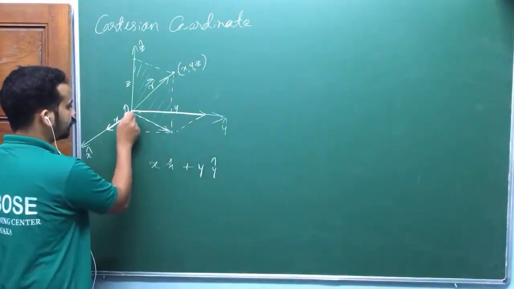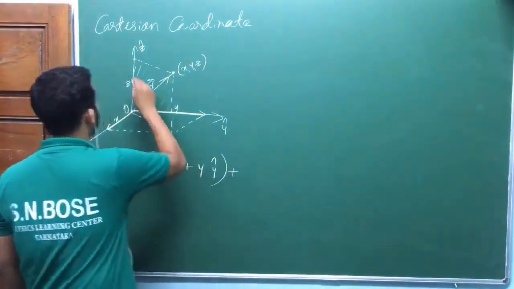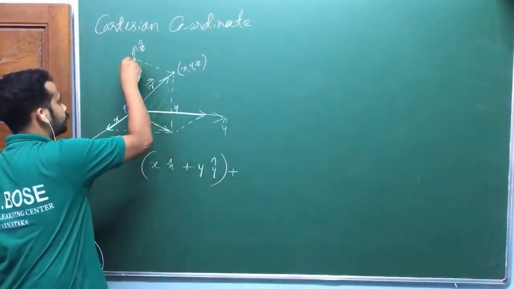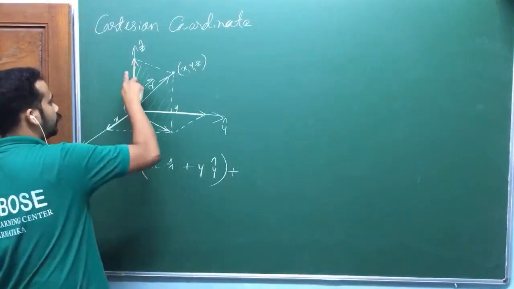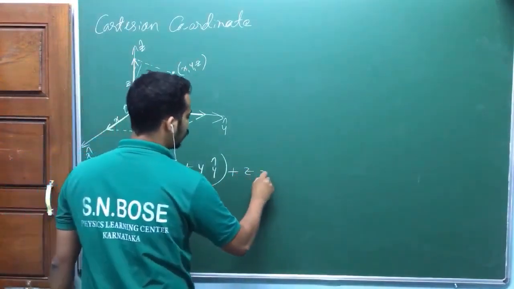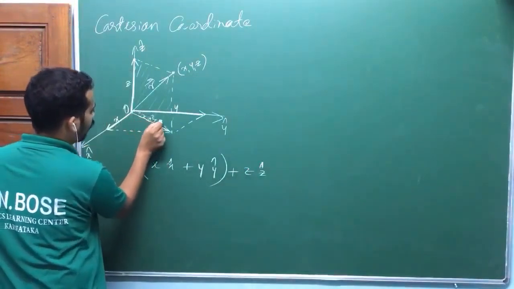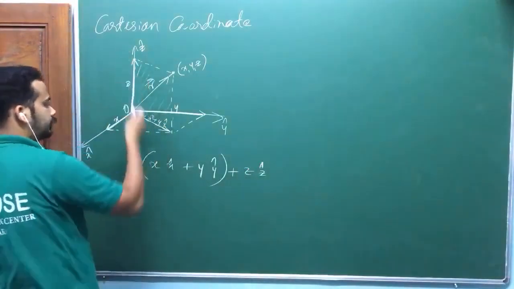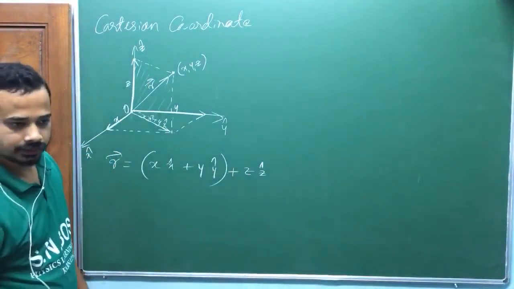The resultant is this one. Plus this vector is added to z into z cap. This vector added to this vector, you get the r vector. This is x into x cap plus y into y cap, added to z into z cap. You get the r vector. Actually, you define the r vector like this.